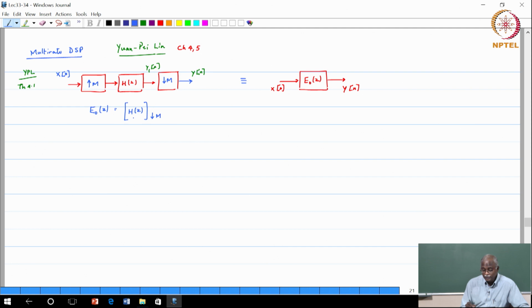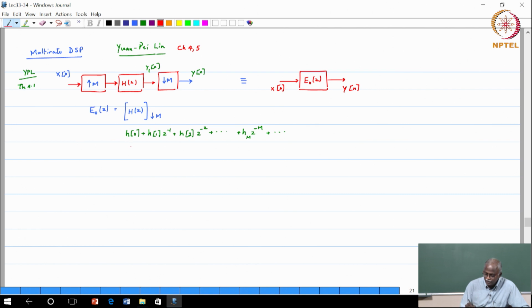What does this actually mean? If I write down the impulse response, this would be h naught plus h1 z inverse plus h2 z power minus 2 and so on, and h m z power minus m and so on.